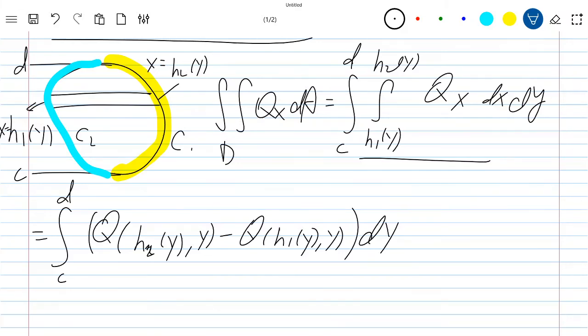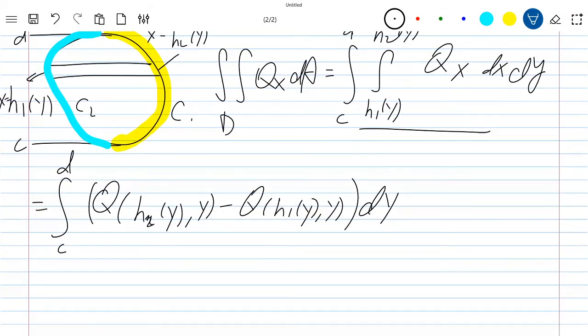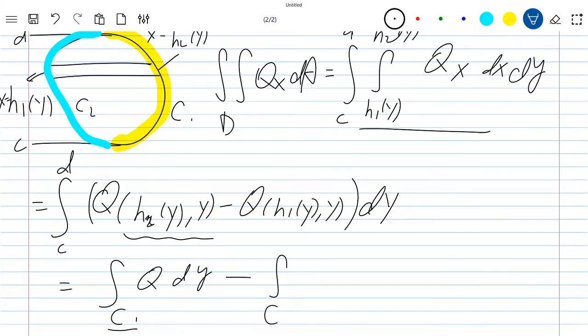So this one can be written as the integral over C1 of Q dy, because along C1 the coordinate is just this, then minus along C2 of Q dy, because along C2 the coordinate is given by h2. I think this should be called C2 and this is C1. So this is C2, this is C1.